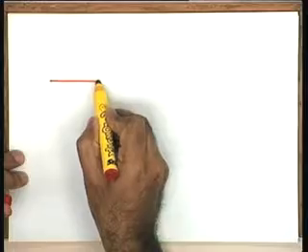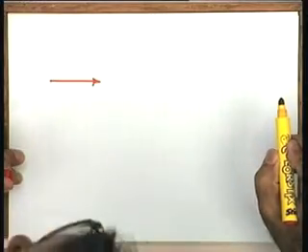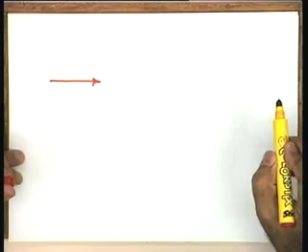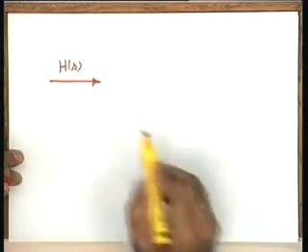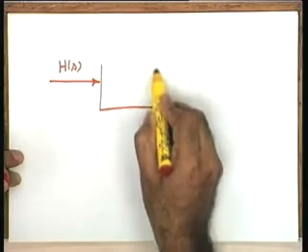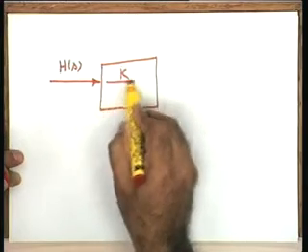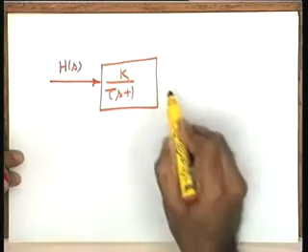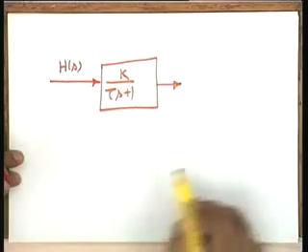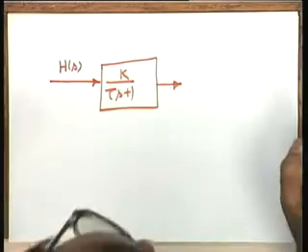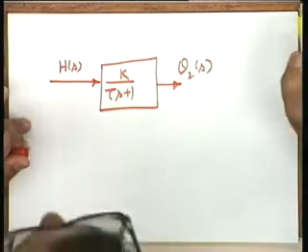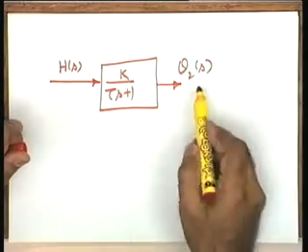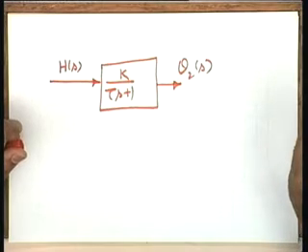Well, suitably in the form of a block diagram, this is the block diagram I would like you to recall when I take a control system around this plant. What is the input to the system? It is H(s). What is the plant model? It is K over (τs + 1). What are the disturbances acting on the system? The output of the system is θ2(s). This is your plant system as far as input output variables are concerned, without disturbances.